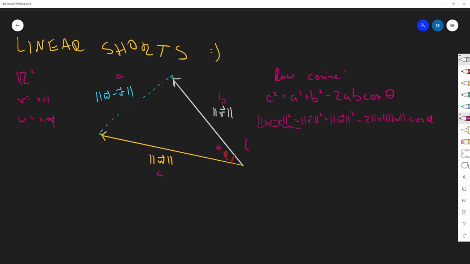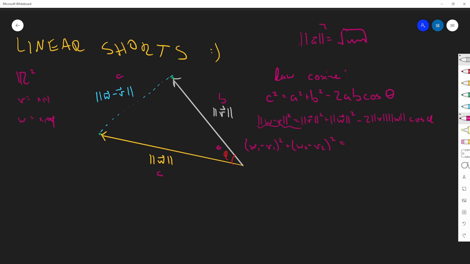So what we'll have here will be w1 minus v1 quantity squared, plus w2 minus v2 squared, and this is equal to, if you remember what the magnitude is, it is the square root of something.